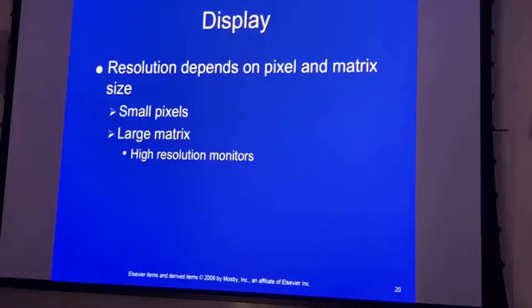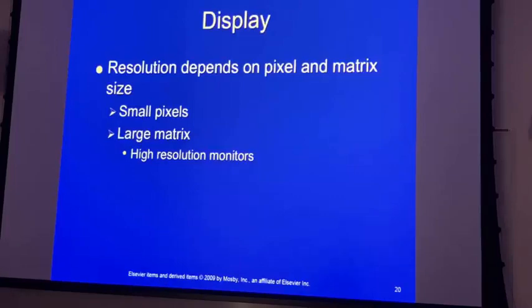You've taken what looks good on a relatively low resolution monitor, and you send it to a doc that's gonna be looking at something that's just digitally created. So again, make sure that everything that you send to the radiologist is unprocessed. If you need to process, save the original, process another one, save it, send it both.